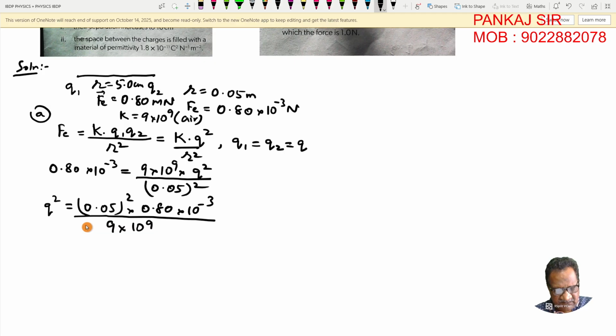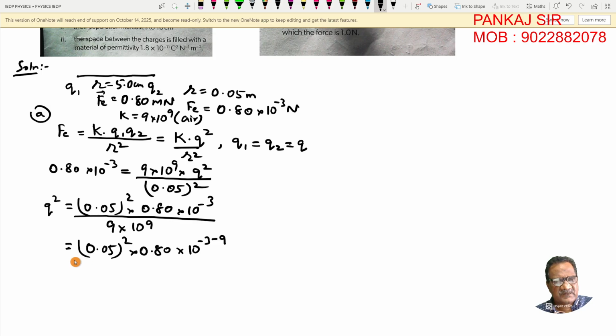This can be again written as 0.05 whole square times 0.80 times 10 raised to minus 3, and this 10 raised to 9 will go up and it will become minus 9.